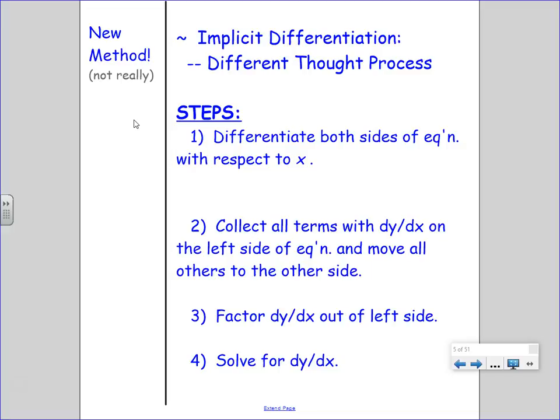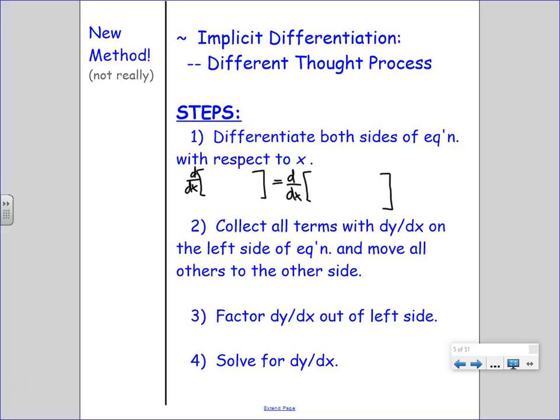Steps. Differentiate both sides. What? We always kind of did, just we didn't really have to think about it. We just wrote dy/dx. When you have a mixed up equation, an implicit equation, you're going to take d/dx of whatever's on the left, and d/dx of whatever's on the right.